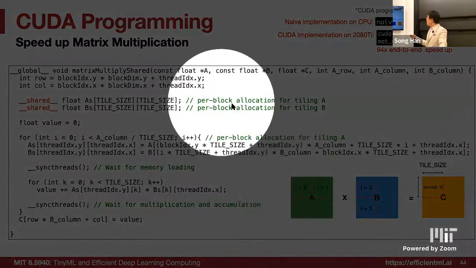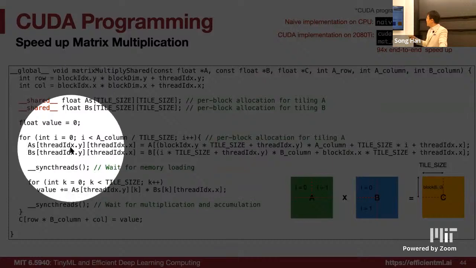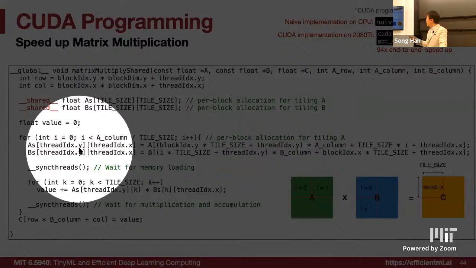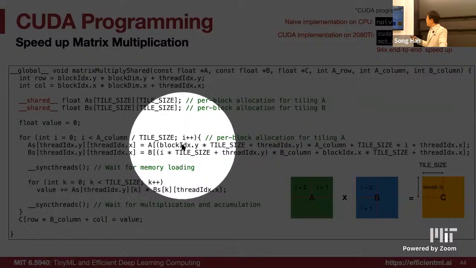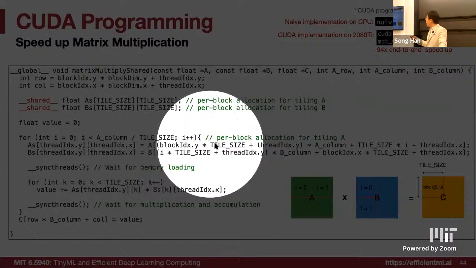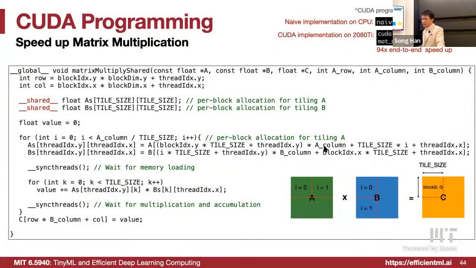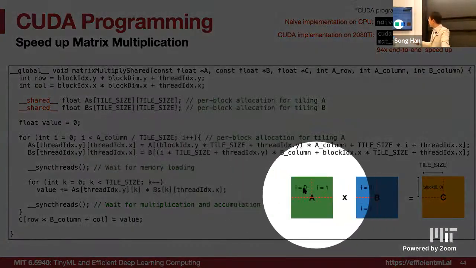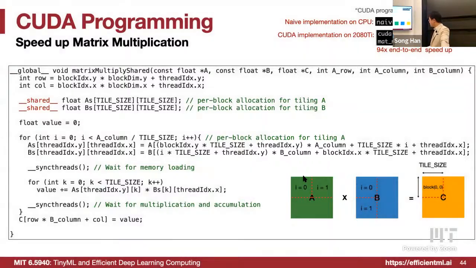We do a per-block allocation for tile A and also tile B. Then according to its thread ID in the Y dimension and the X dimension, and the block ID in the X dimension times the tile size, we can specify which part of the A matrix we are responsible for, so only a chunk of the A matrix.